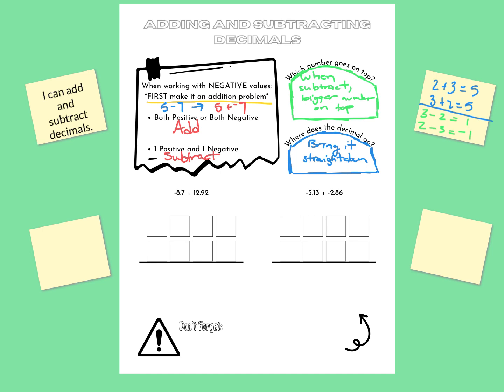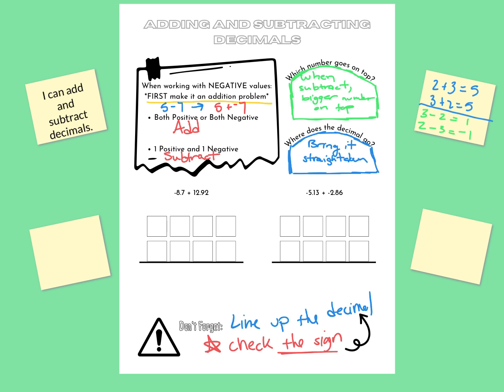So we're going to say, don't forget, line up the decimal. And when we're all done, really important, check the sign. So it means, is our answer positive or negative, which we check at the end.